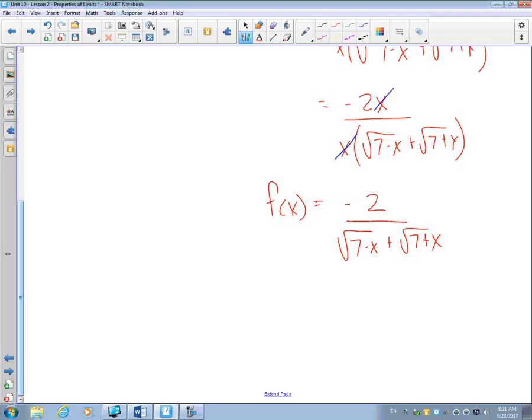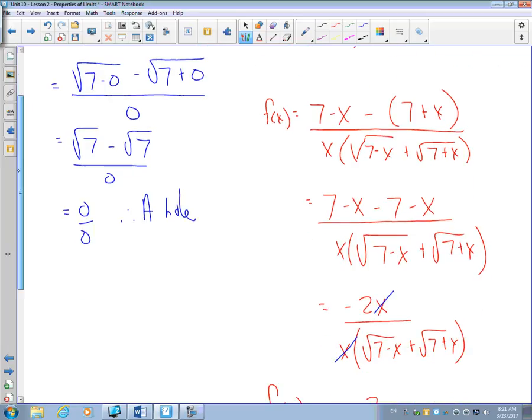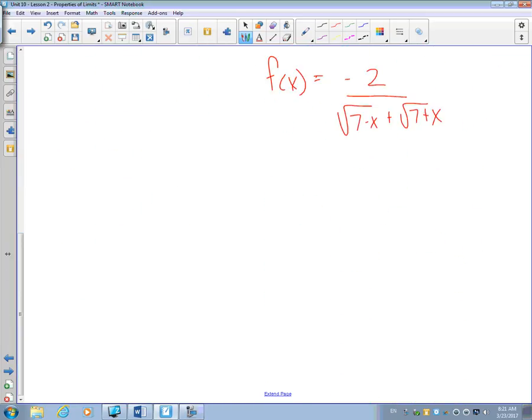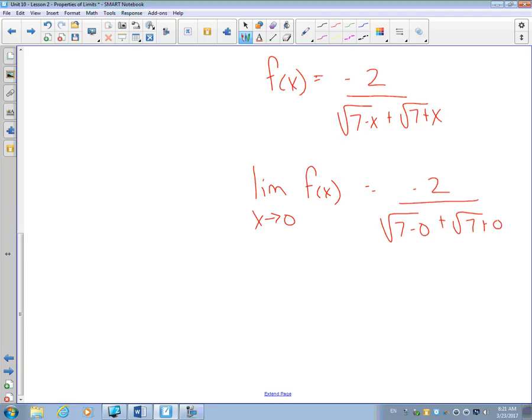Remember, we did this so we can actually calculate the limit. The limit as we approach 0. That was what the original question was. So let's try it now. What happens as we approach 0? Well, on the top, we get negative 2. On the bottom, we get root 7 minus 0 plus root 7 plus 0.